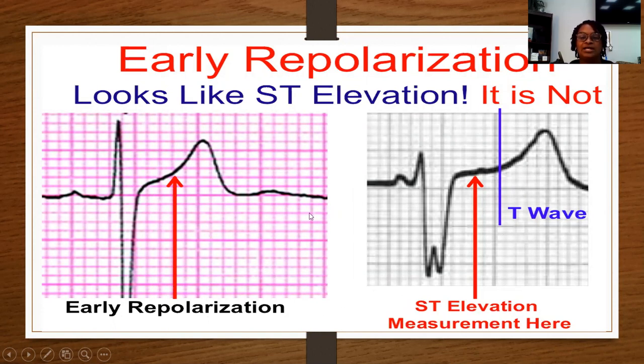And so it looks like ST elevation, however, it's not. And if you look at the ST elevation with your MI, you'll see where the different measurements, where that ST segment elevation actually starts to elevate with the MI versus where it starts with the early repolarization.